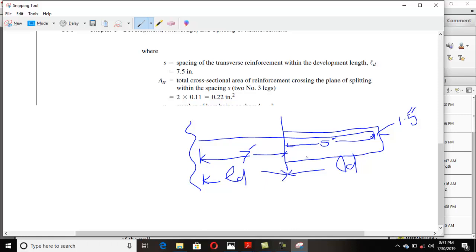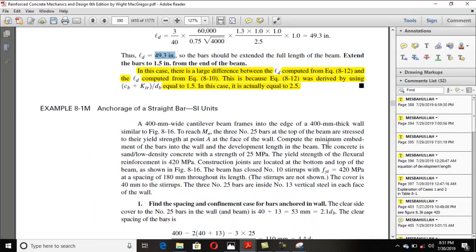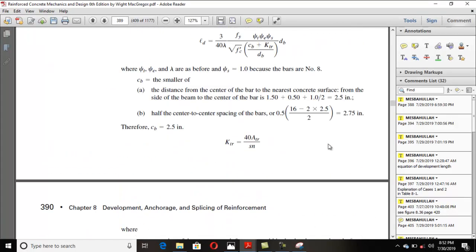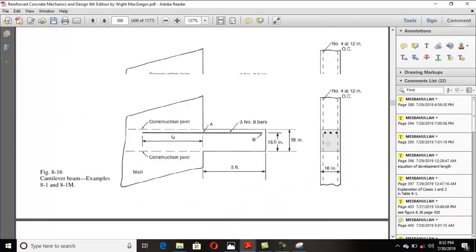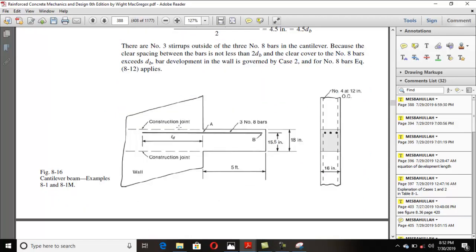I think it is a very interesting example, and at the last stages we will do some examples on this topic also in cantilever beam, but they are related to hooks because sometimes there are restrictions. Our next topic is about hooks.